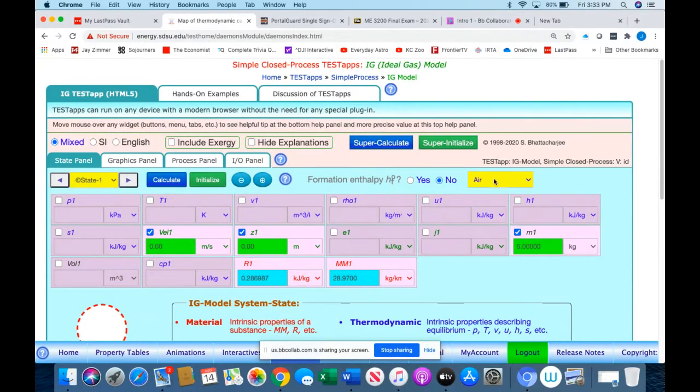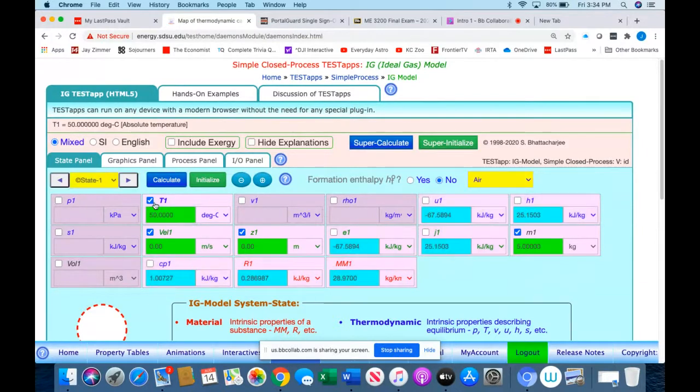And since I've picked air, we can start off by giving it a temperature and seeing what the internal energy is, because it's only a function of temperature. I'm going to select Celsius and an initial temperature of, let's say, 50 degrees Celsius.